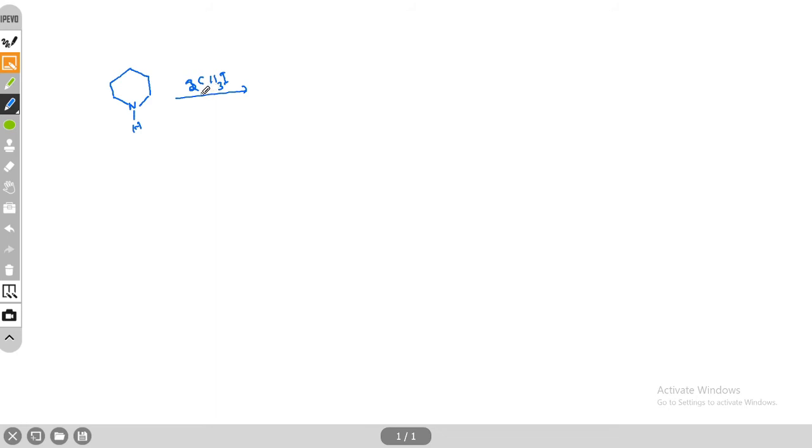Then again we add CH3I to form the quaternary ammonium salt, a compound like this with CH3. This is quaternary, so there will be a positive charge and a counter ion.